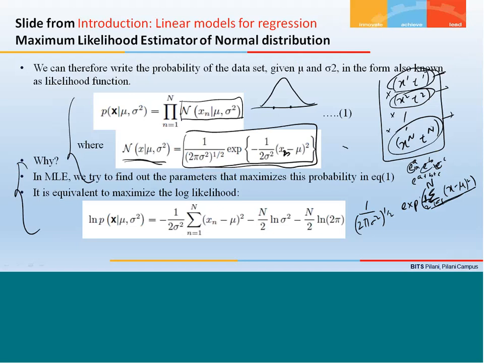The only difference is that mu is not fixed here. Mu goes according to the hypothesis, so it will be w transpose x. This mu is the only change from that slide; otherwise, everything gets multiplied, and mu is the value of the hypothesis.